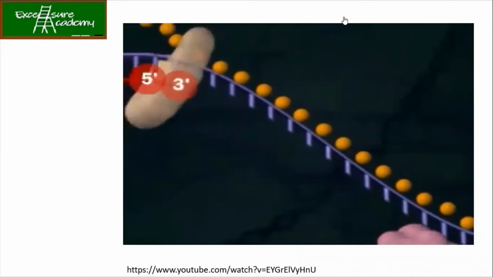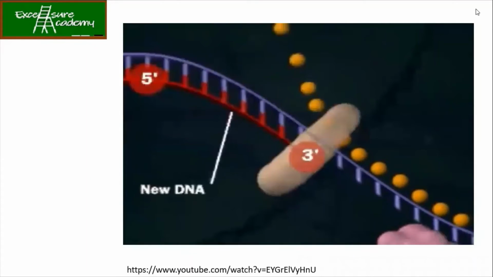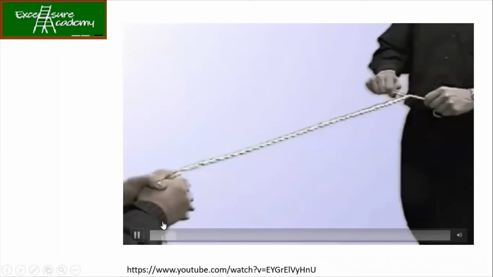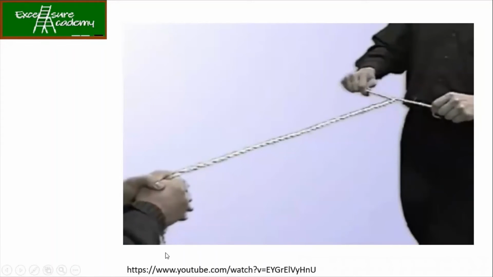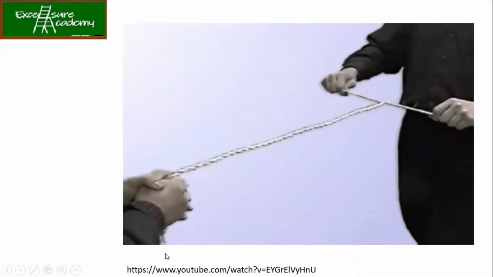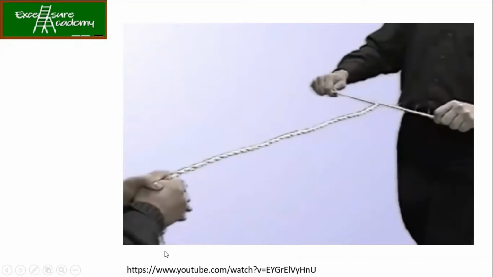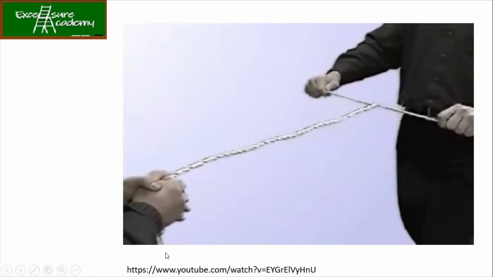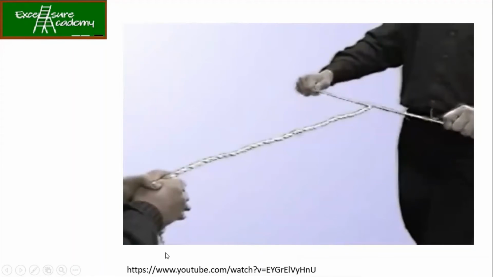What happens as DNA unwinds during replication? As DNA unwinds, it acts like this rope when we pull apart its two strands. As you pull the strands apart, twisting tension builds up in the rest of the coiled portion. It is actually adding one twist to the remaining rope for each twist pulled out of it.